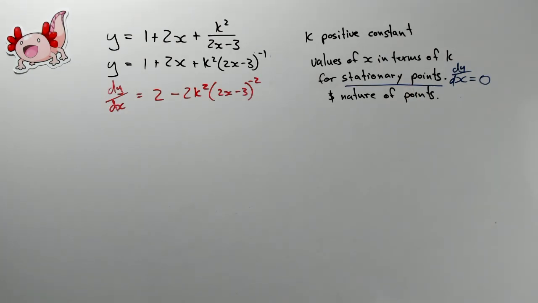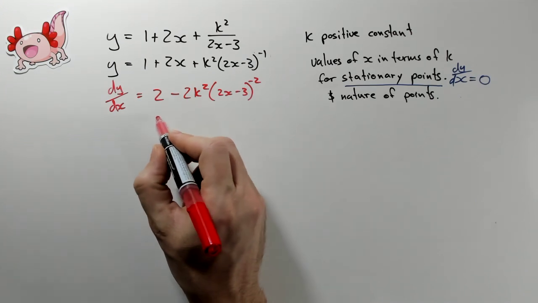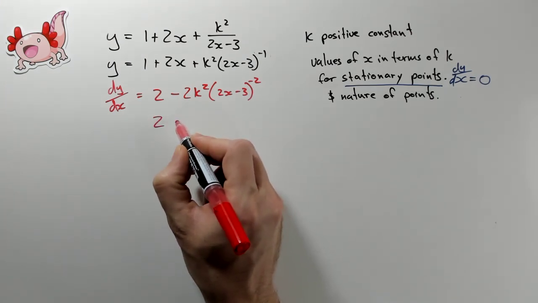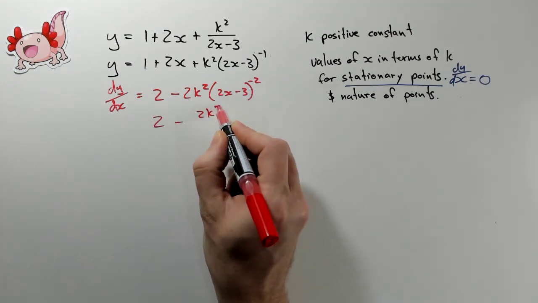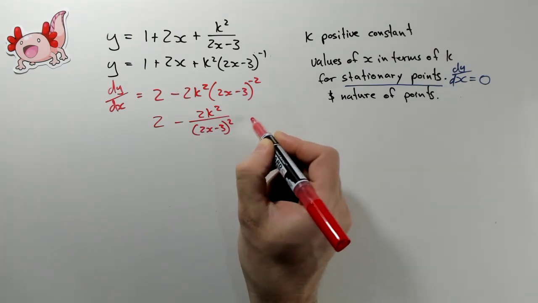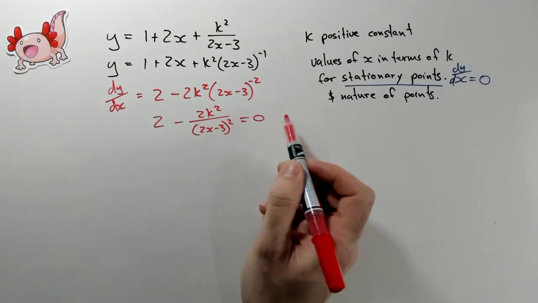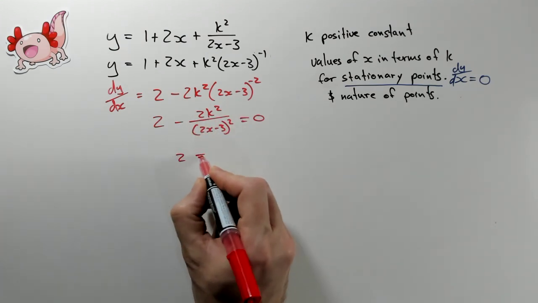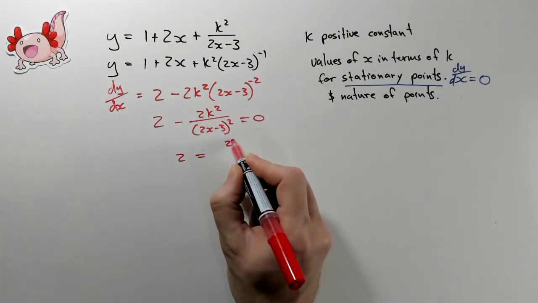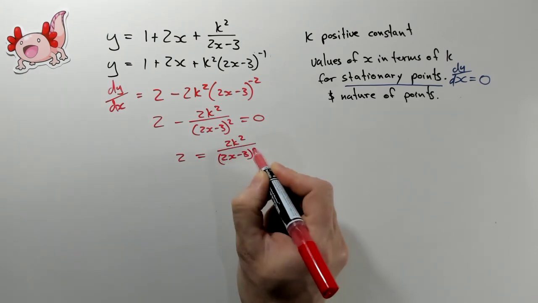So let's carry on, and let's write it in a nice form, like 2k squared at the top, and then (2x minus 3) squared. This should be equal to 0. Add this thing on both sides, very big, long, tedious little fraction, 2x minus 3 all squared.